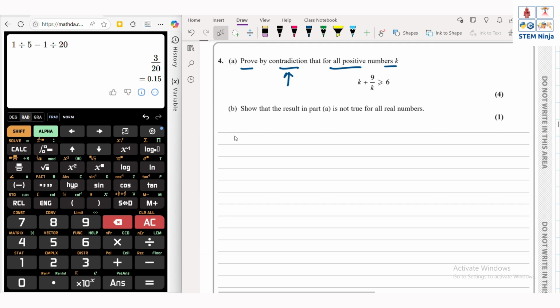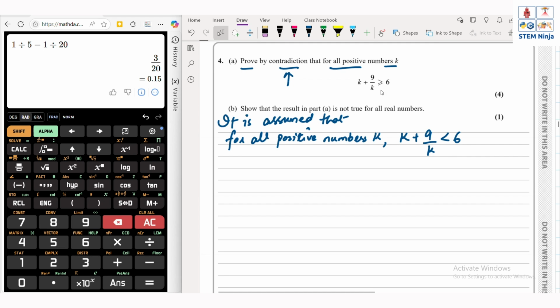So the assumption is that for all positive numbers k, k plus 9 over k is less than 6. See, the mutually exclusive case for greater than or equal to 6 is less than 6.